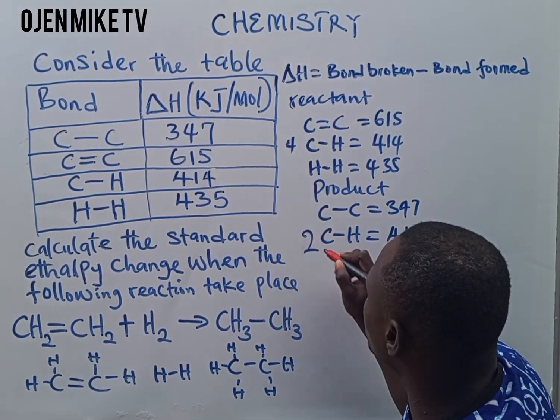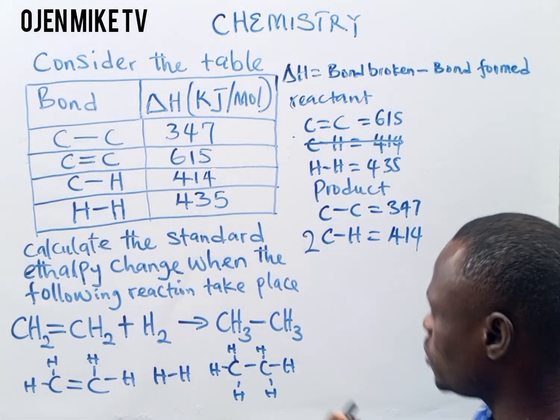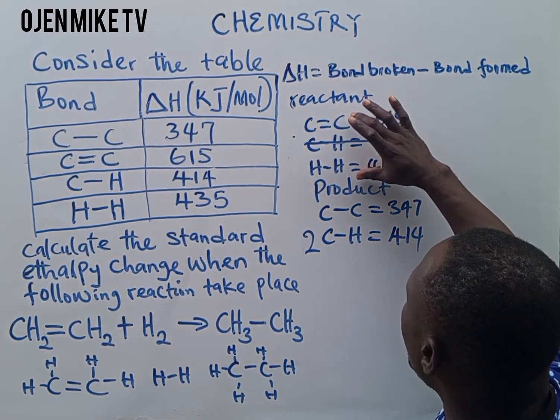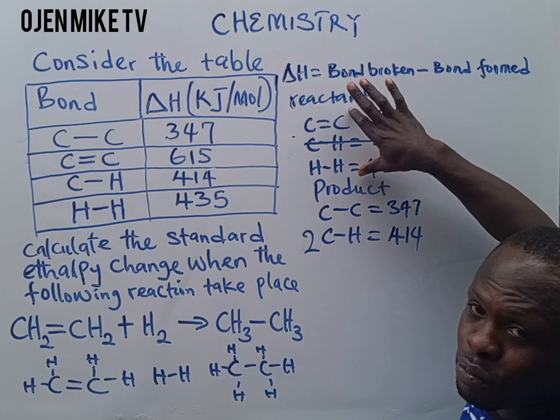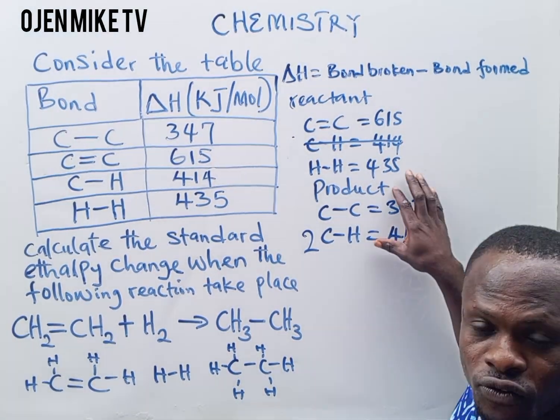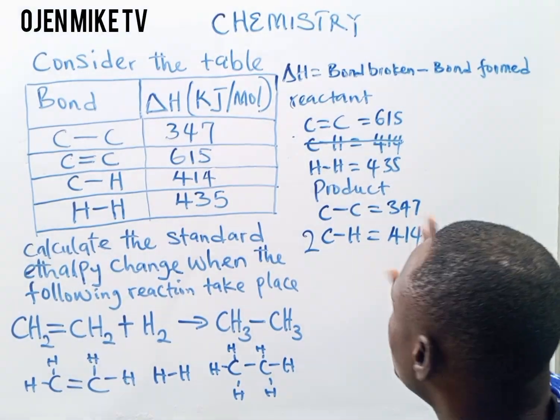So we will be left with 2 here, and nothing left on the other side, so we rule this one out. What you are going to do is add the bonds broken, add the bonds formed, then minus them and you have your answer.